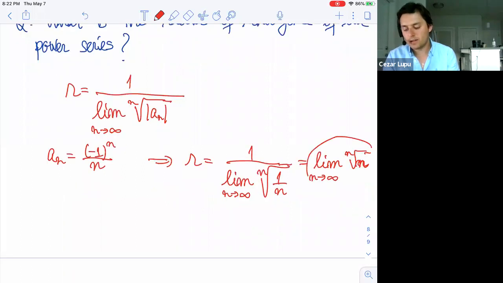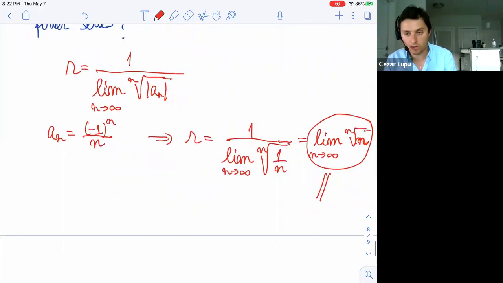And by advanced calculus 1, this is actually a homework problem that was supposed to be in any advanced calculus 1 class, when we talked about the limits of sequences. The limit of the n-th root of n is 1.